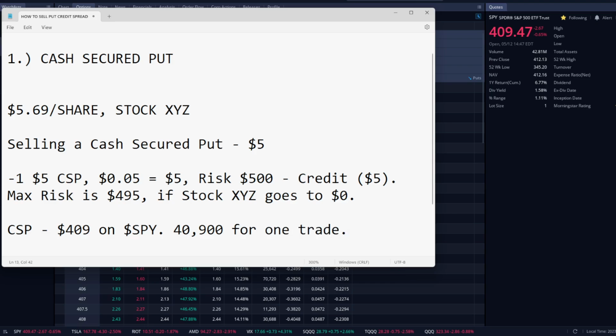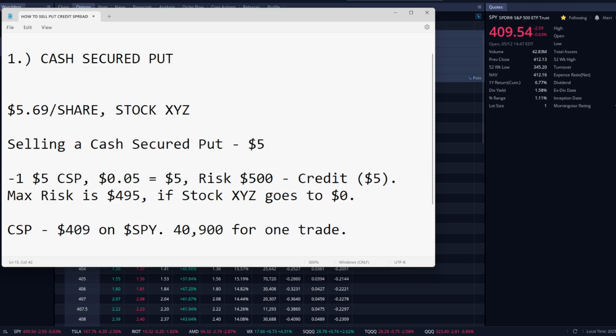Granted, if you have a bigger portfolio, $40,000 might not be that high of an allocation, but for a lot of smaller traders, $40,000 is more than they have in their account.